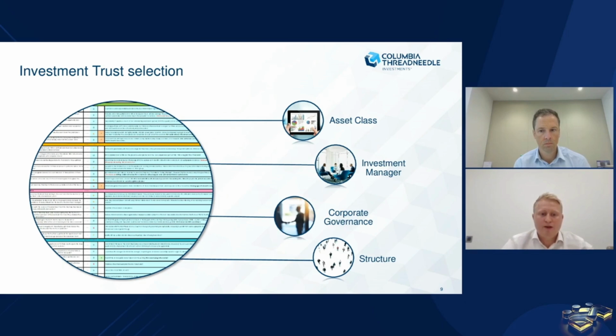We think about the diversity of the shareholder register, also other factors such as the market cap or the total assets of the investment trust, and how relevant that is compared to the opportunity set. For instance, in UK small cap, would we want a very large trust operating in UK small cap? We'd prefer smaller and more nimble trusts.